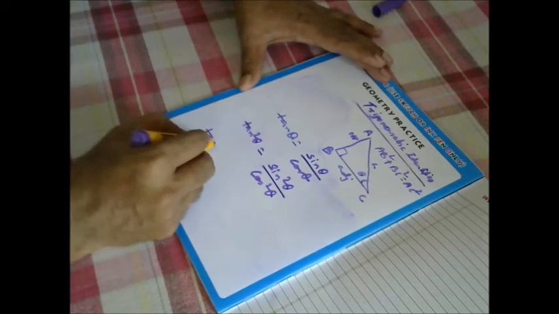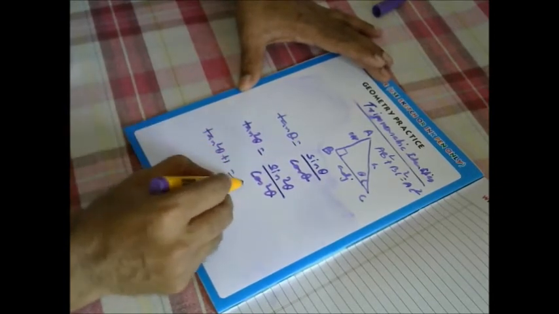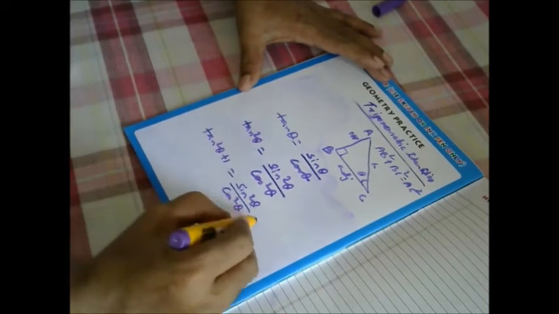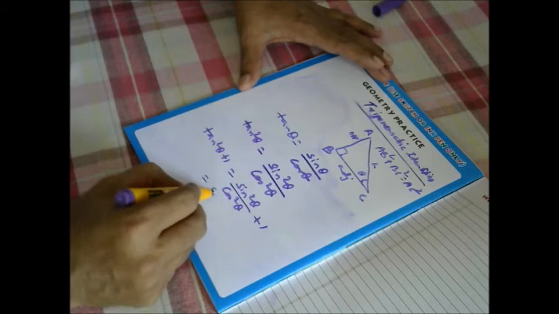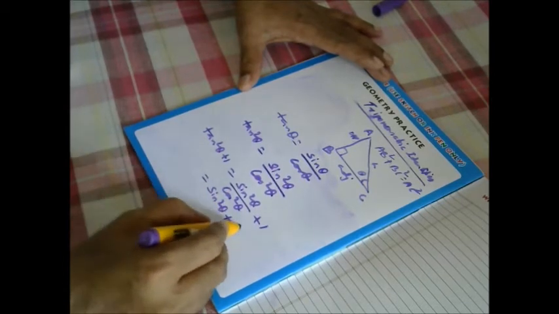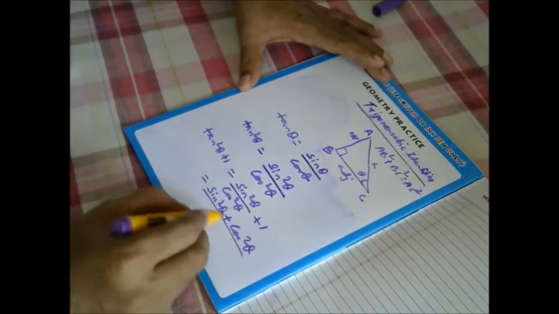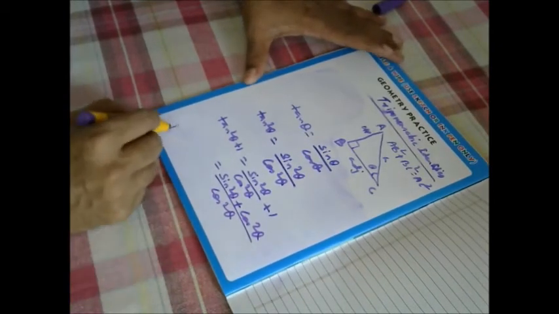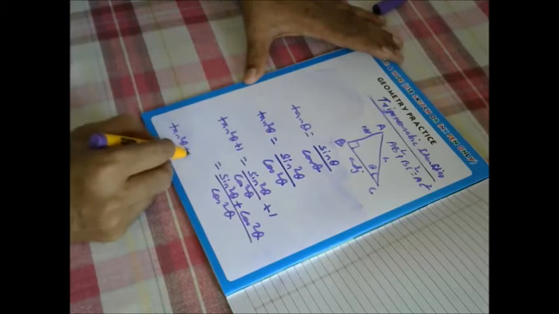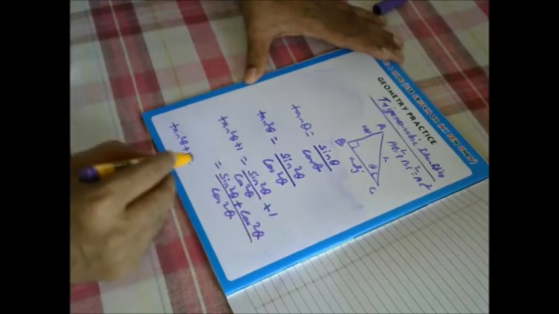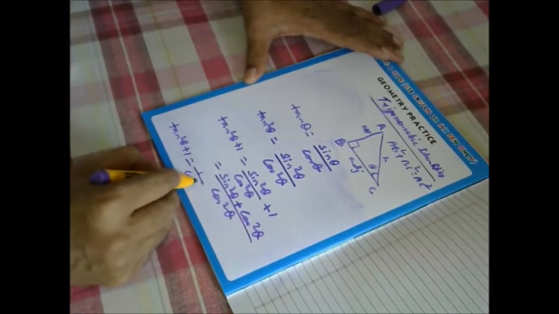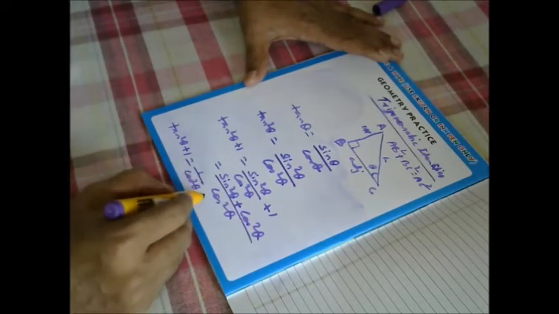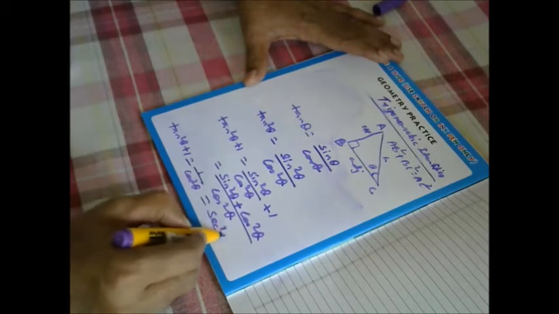Then tan square theta plus 1 is sin square theta by cos square theta plus 1, which becomes sin square theta plus cos square theta divided by cos square theta. Just now we have proved sin square theta plus cos square theta is equal to 1. So 1 by cos square theta, which is secant square theta.